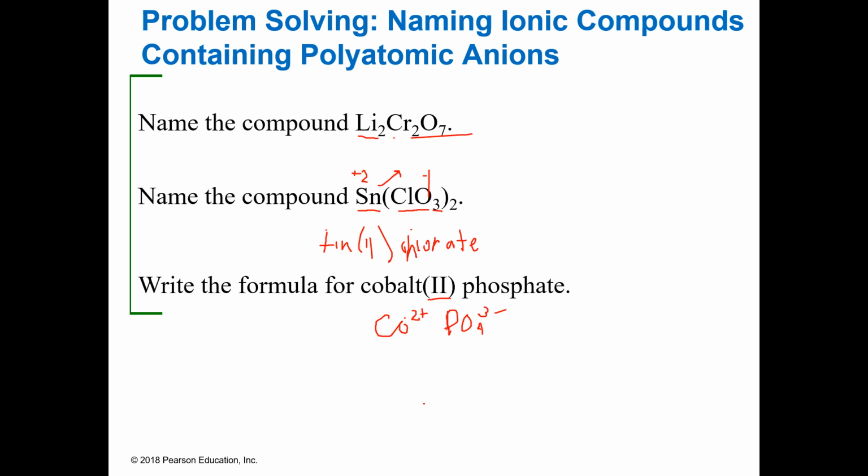I'm going to need 3 cobalts, right? Because our common denominator here is going to be 6. So I'm going to need 3 cobalts, and I'm going to need 2 phosphates. But because I need more than one of my polyatomic ions, the polyatomic ion needs to go in parentheses. So Co3(PO4)2.